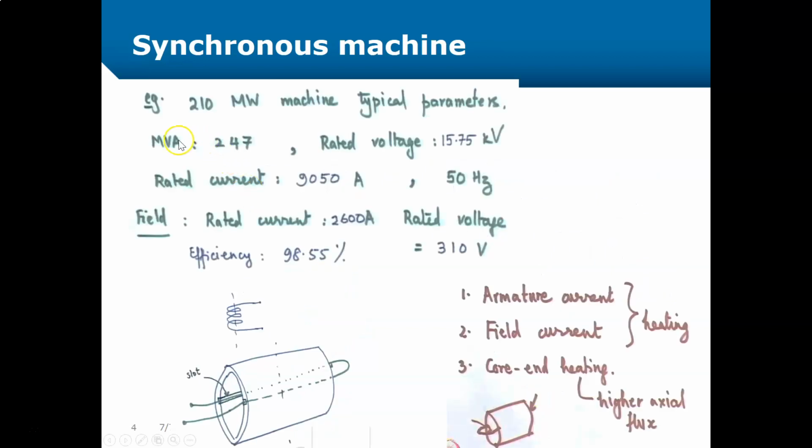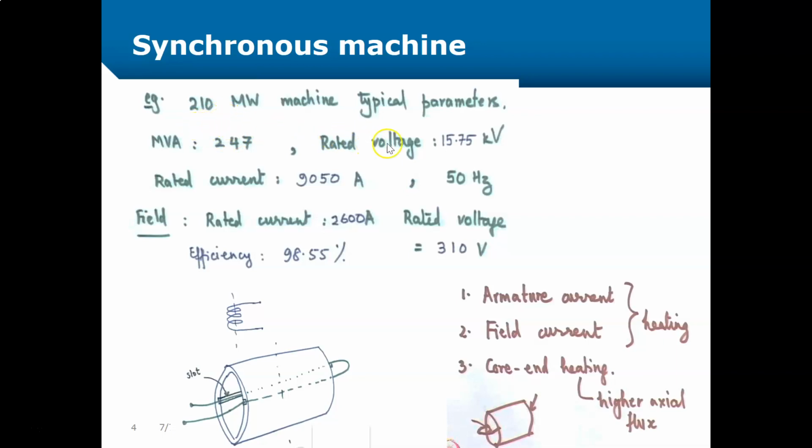Now, just to get a good feel for the sizes of such a synchronous machine, we can look at this example. Consider a 210 megawatt machine, and what are the typical parameters of such a machine? The MVA of this machine is 247, so you can actually calculate the rated power factor from this information.